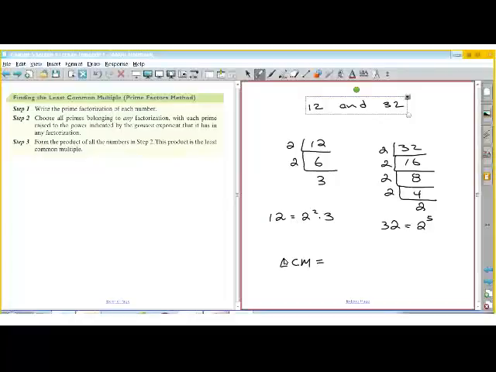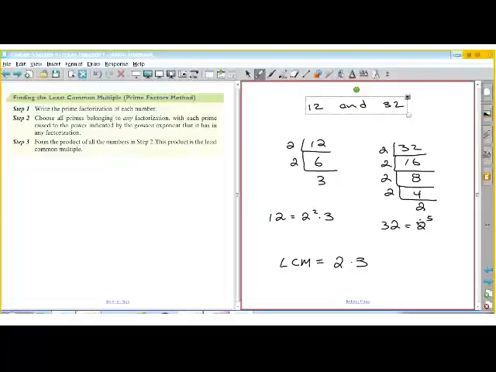So the rule now says, for the least common multiple, you take prime numbers that are in any of the two factorizations. So 2 is in both of them, but it just has to be in one of them. So we have 2, and we also have 3. 3 is only in one of them, but that's all that matters. We don't put 5 because 5 is not in there.